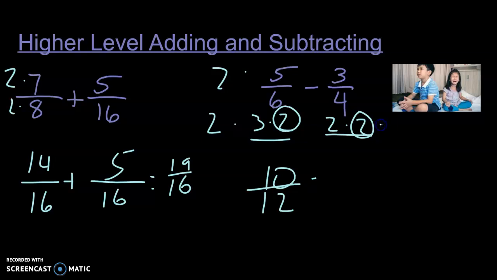So like I said, we're going to act as terrible parents, and we're going to give a 3 to both the top and the bottom. And so now you notice both denominators have a 2, a 2, and a 3. The denominators are now equal and even. So by multiplying the left side by 2 and the right side by 3, we've made the denominators the same.